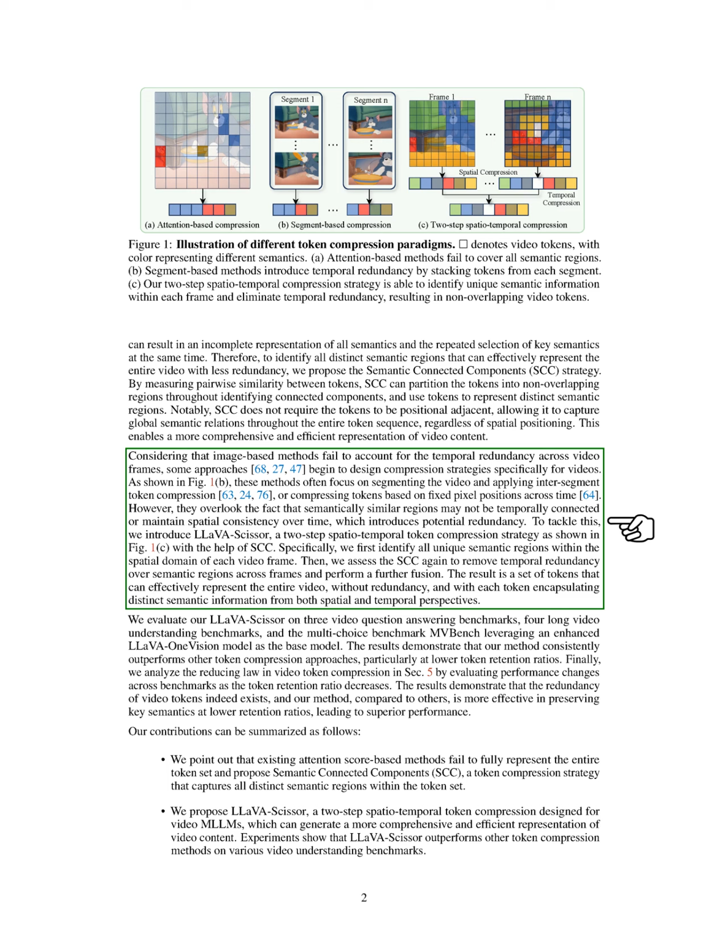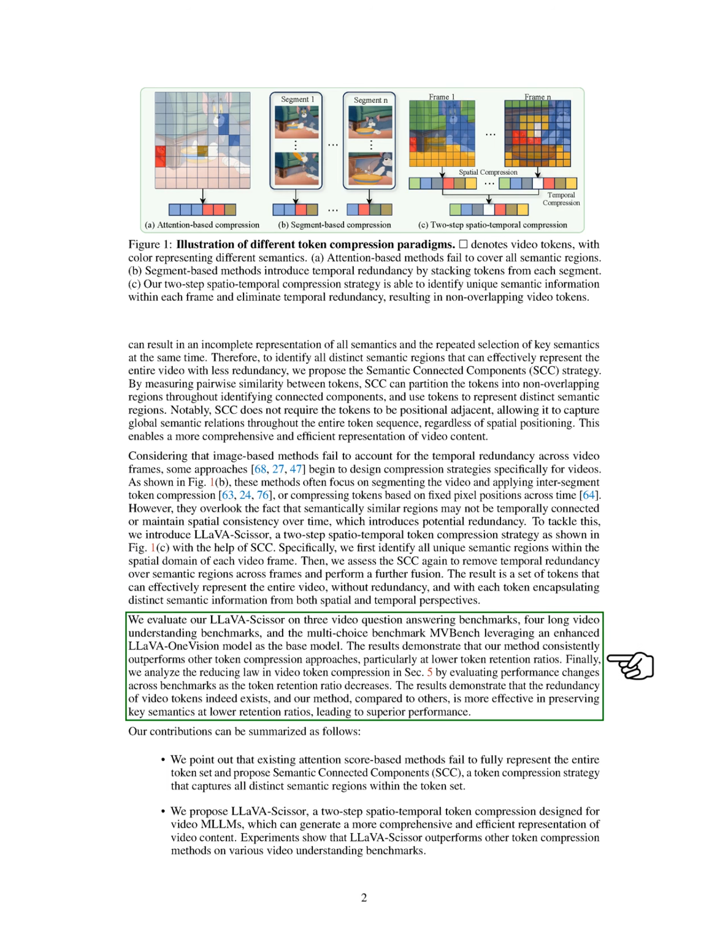To overcome this, we introduce LLaVA-Scissor, a two-step spatio-temporal token compression method that utilizes SCC. First, we identify unique semantic regions in each video frame's spatial domain. Then, we apply SCC again to eliminate temporal redundancy across frames, resulting in a refined set of tokens that effectively represent the entire video without redundancy, capturing distinct semantic information from both spatial and temporal angles.